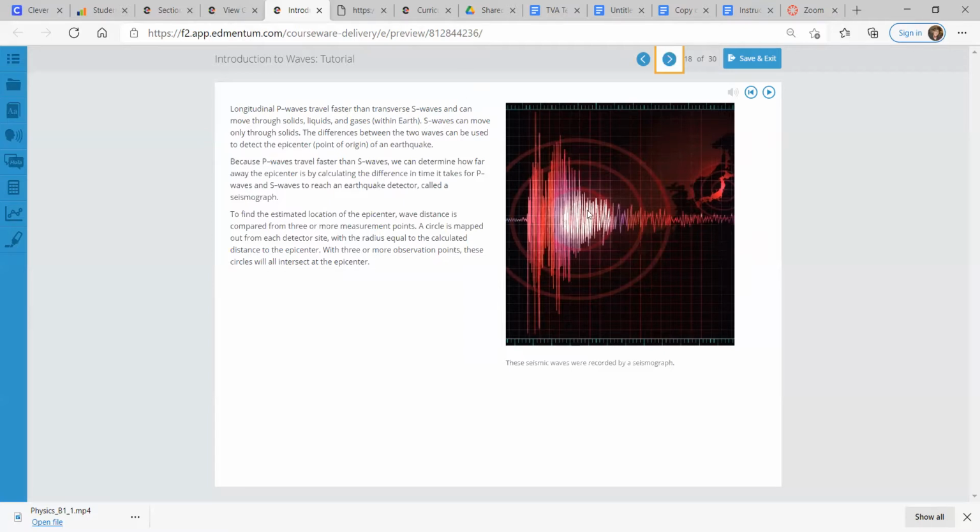And that can be seen here. To find the estimated location of the epicenter, wave distance is compared from 3 or more measurement points. A circle is mapped out from each detector site with the radius equal to the calculated distance to the epicenter. With 3 or more observation points, these circles will all intersect at the epicenter.